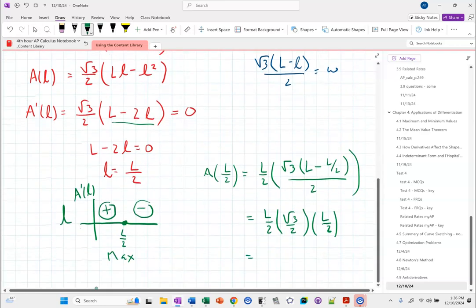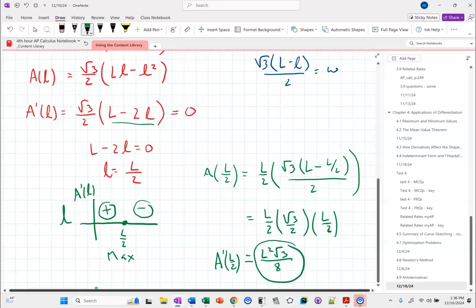I would get L squared root 3 over 8 as my area. Let's go see how badly I messed that up. Hopefully not very, right? I think you got L's right. Yeah, well, who knows how the back of the book represented the answer. But let's take a look here. So it's 25, is that what this is? Let's see.